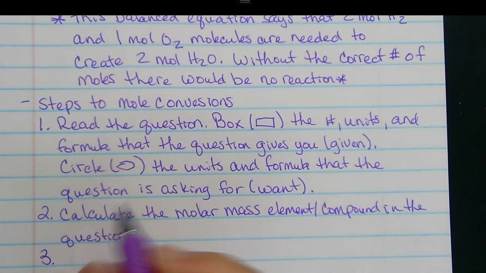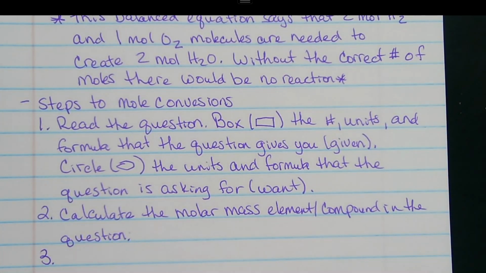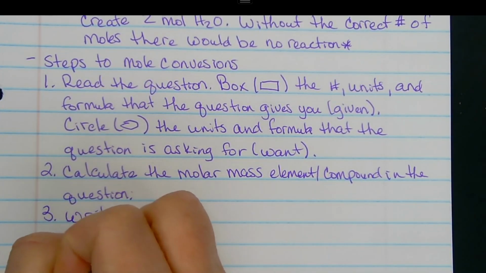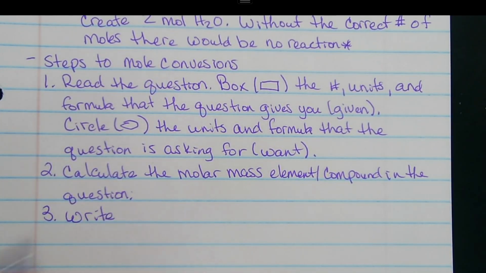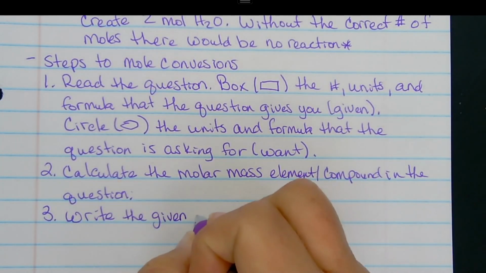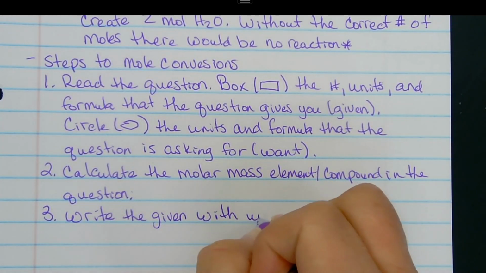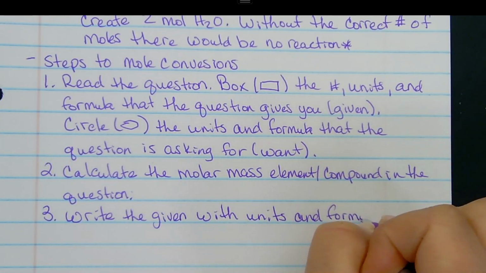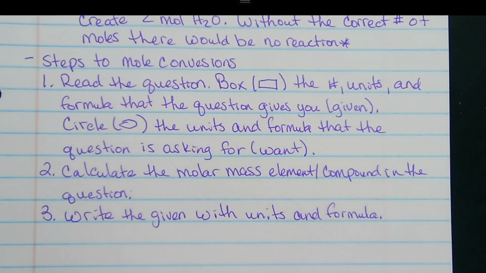Then we're going to set up our formula, our conversion. You're going to write the given with units and formula. This can be a fight for some students every year because they don't want to write it.